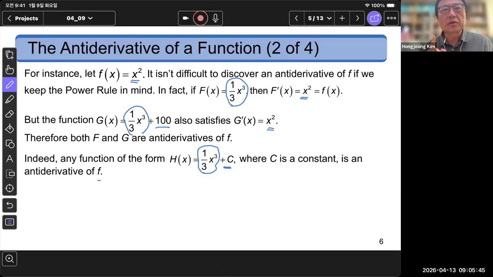So antiderivatives are not unique. Actually, you may add any constant, and this addition of constants does not change the derivatives, right?